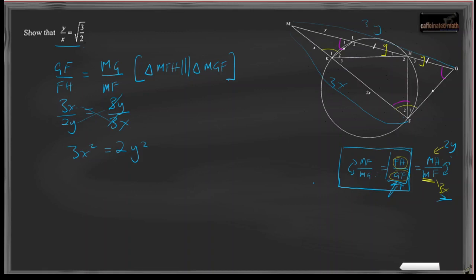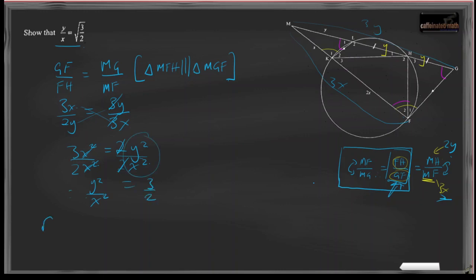Divide both sides by x squared, and we have to do it on this side as well, and then we'll divide both sides by 2 as well. Therefore, y squared over x squared, as we can see, is equal to 3 over 2.